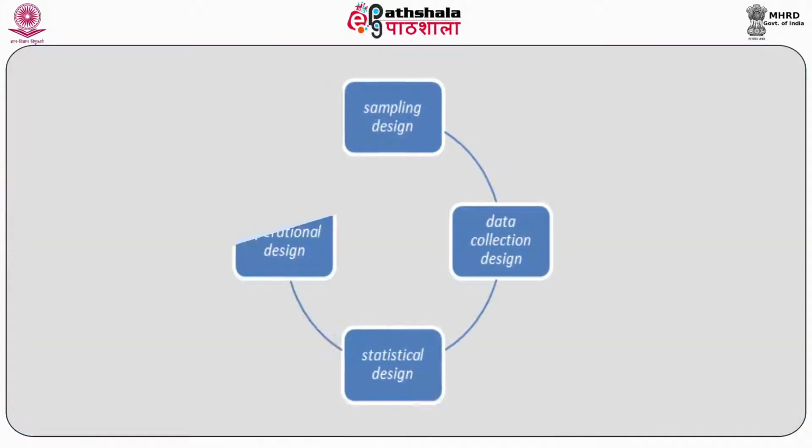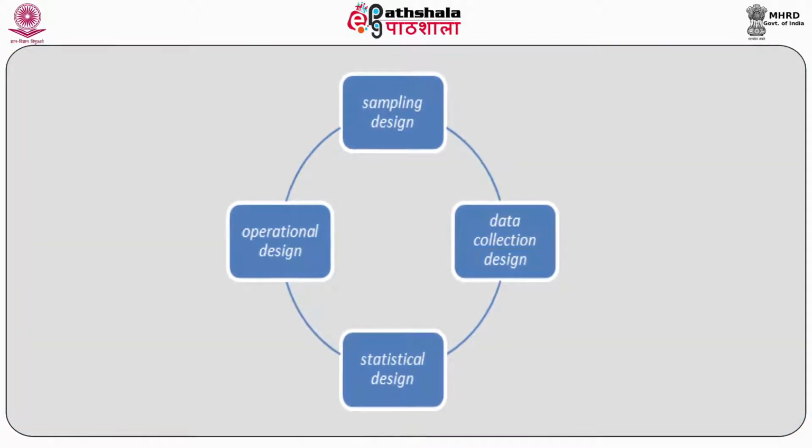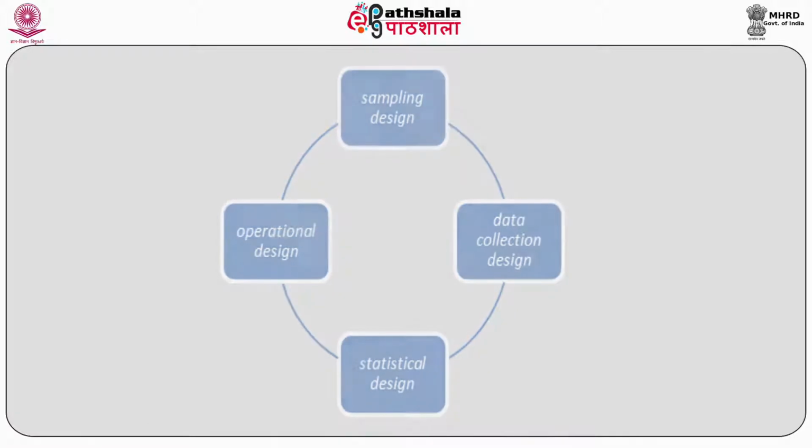One may divide the overall research design into different parts, like the sampling design. The sampling design will detail the methods adopted for drawing out the sample from the whole population.